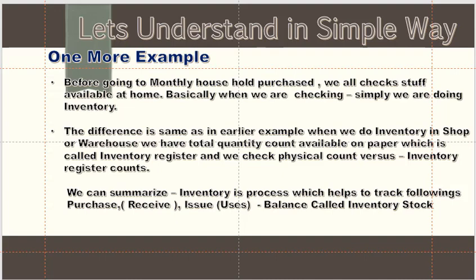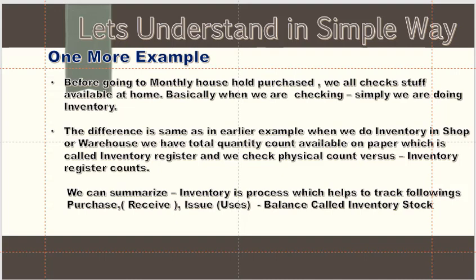Now take another example. Before going on the monthly household purchase, everyone does the grocery purchase, cleaning and other stuff. What do we do before going to the supermarket? We go and check all the stuff which we have.